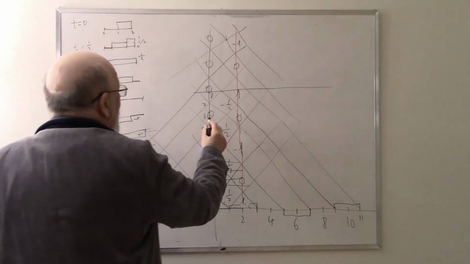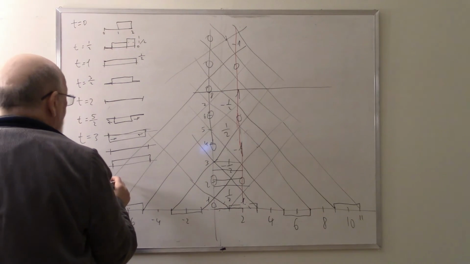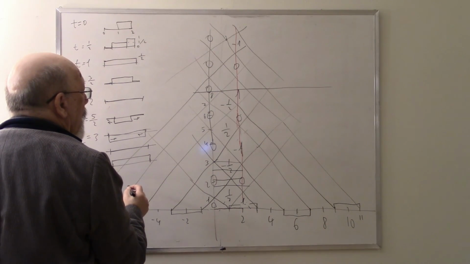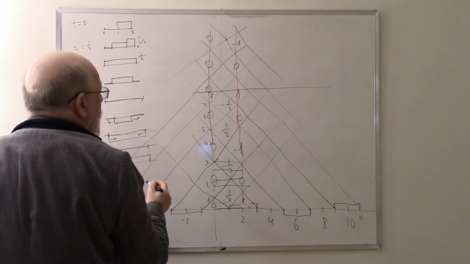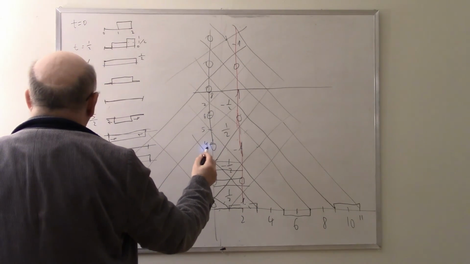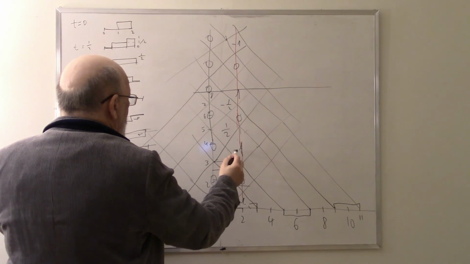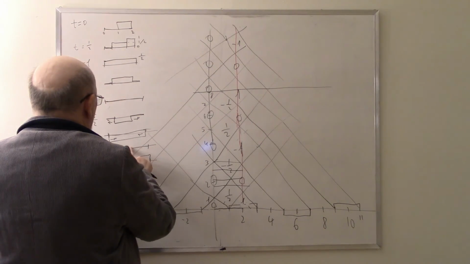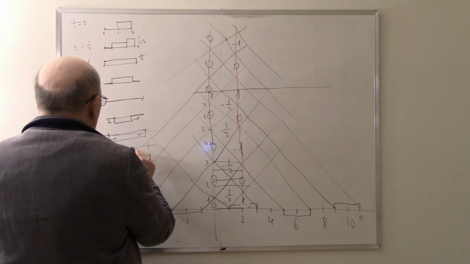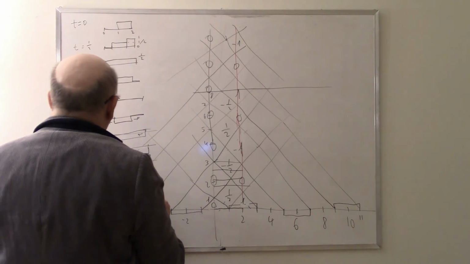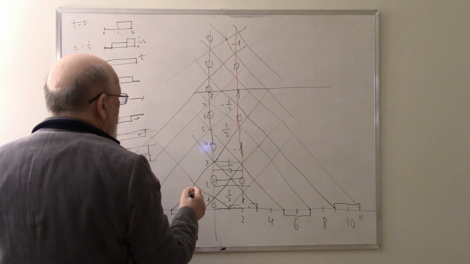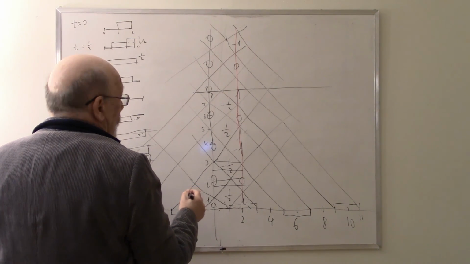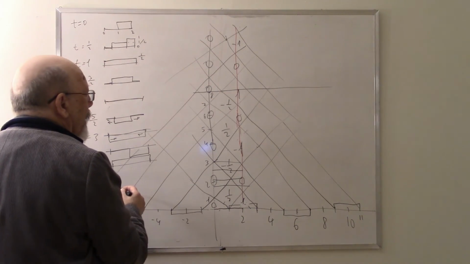T equals 6: again 0. One moment. T equal 4: it is 0, here minus 1. T equal 5: 1/2. T equals 6: 0.